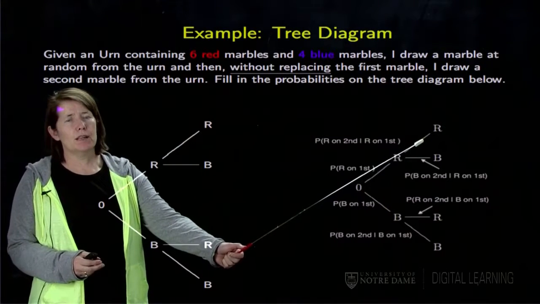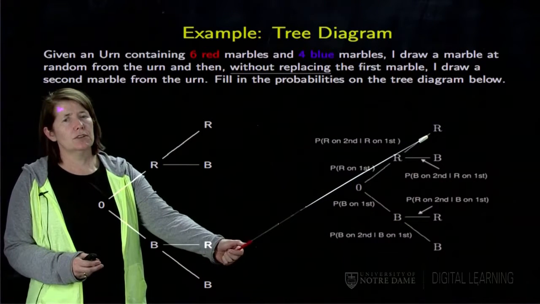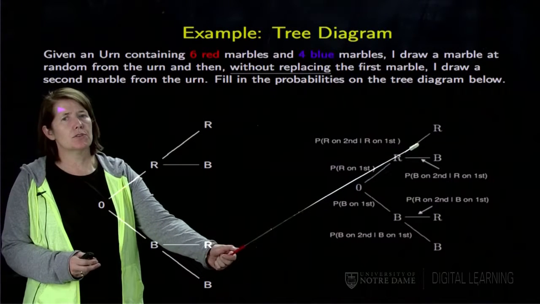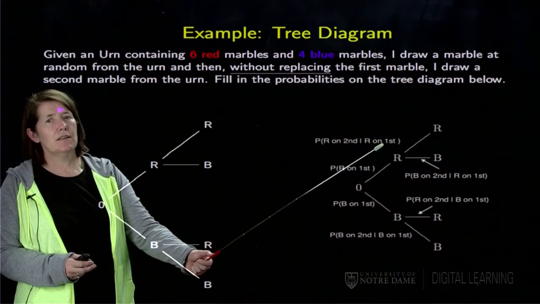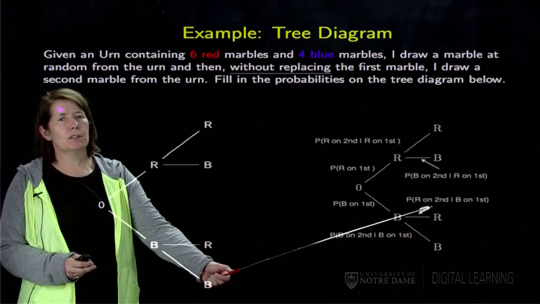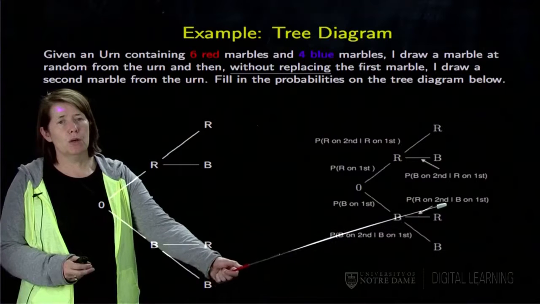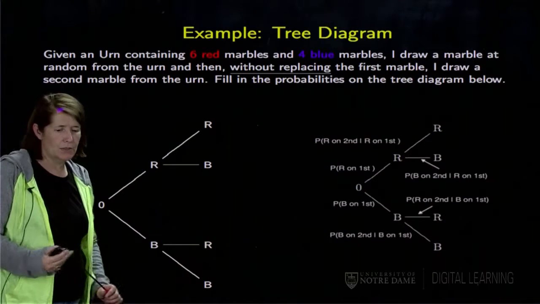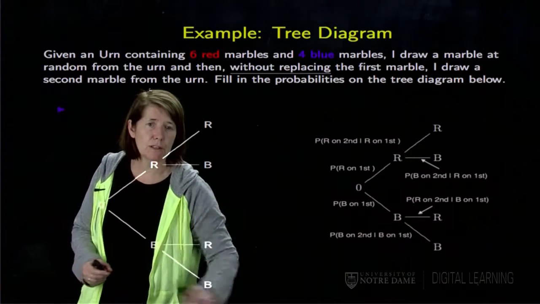And on the next branch, the probability that we get a red is going to depend on what came with the first row. So this is going to be the probability of a red on the second row, given that we got a red on the first row. And here we're going to put the probability that we got a red on the second row, given that we got a blue on the first row. Okay, let's have a go at filling in these probabilities.